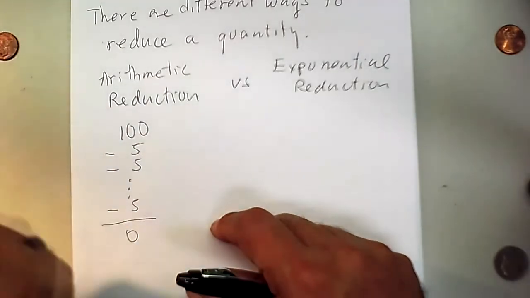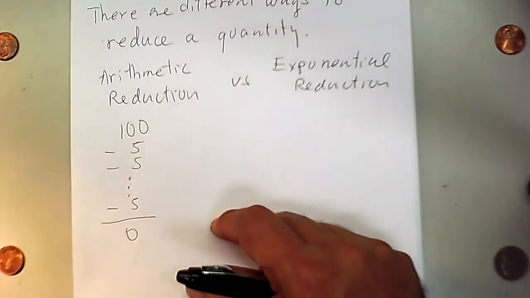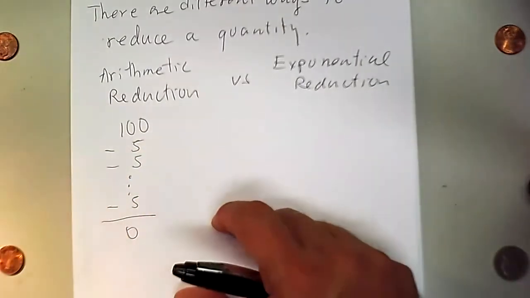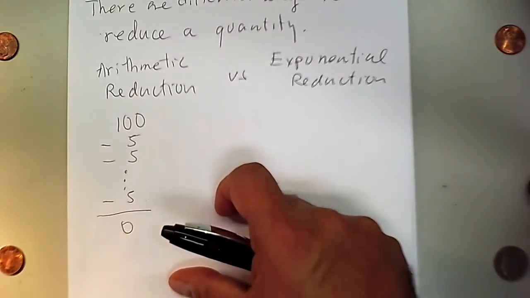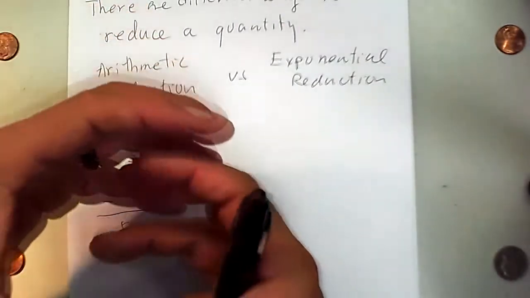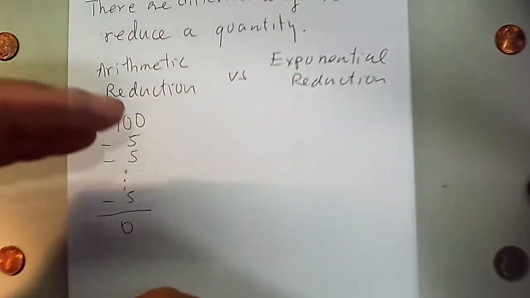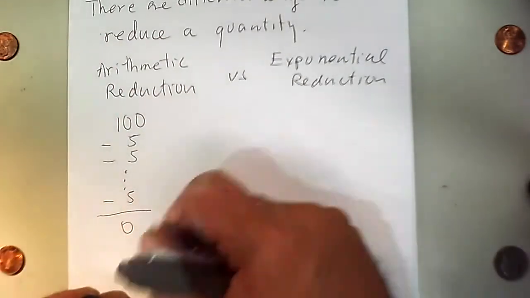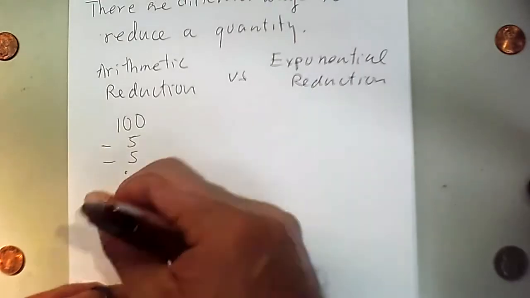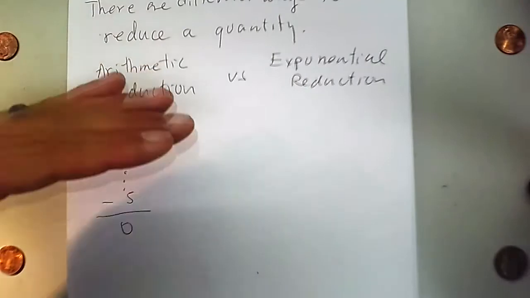Or when we buy a car and we make payments on the car, we make the same payments, month after month. So we think again of scooping up, taking things away, by the same amount each time. When you buy a box of cereal, you usually eat a bowl a day or something like that. So it reduces by the same amount every day.